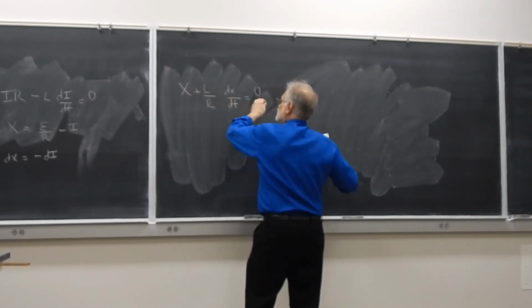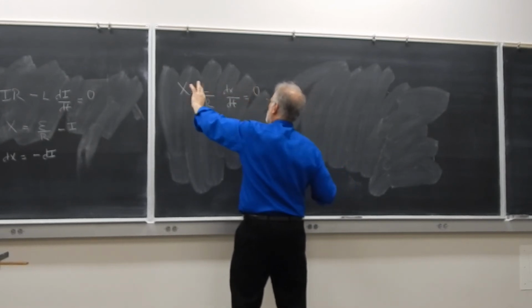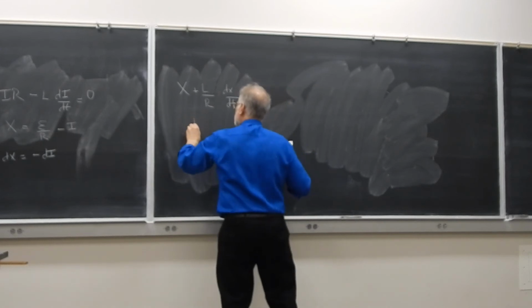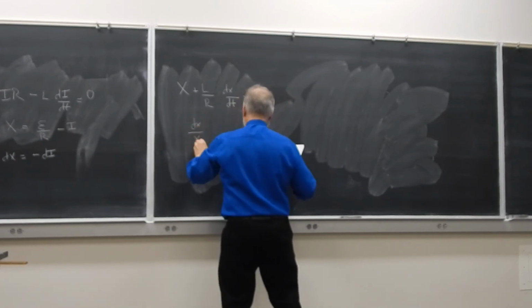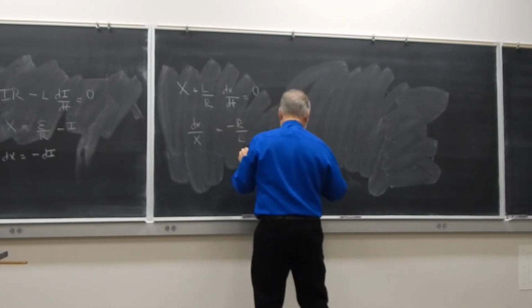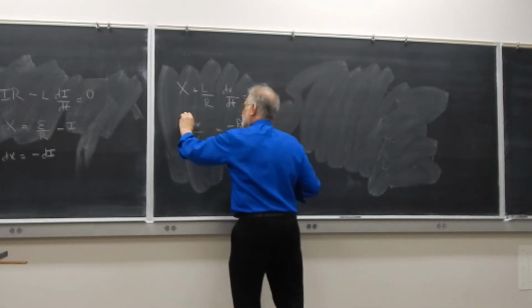I can separate variables, put the dx on one side, the dt on the other. When I do, I'm going to have the following situation: dx over x is equal to minus R over L dt. At that point, I'm going to integrate both sides.